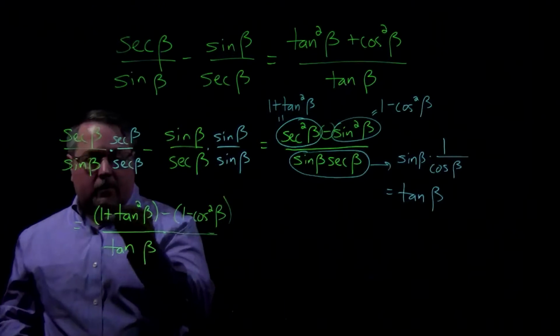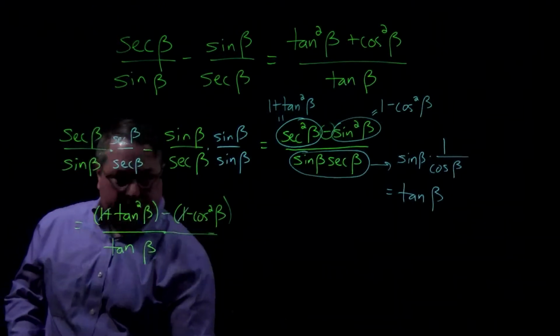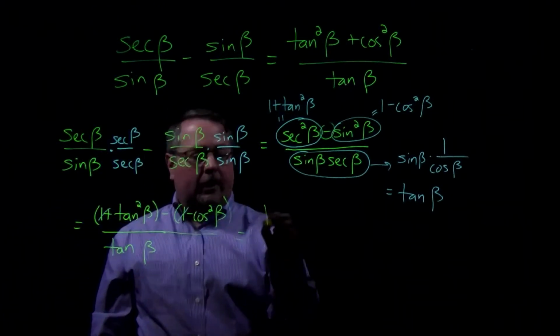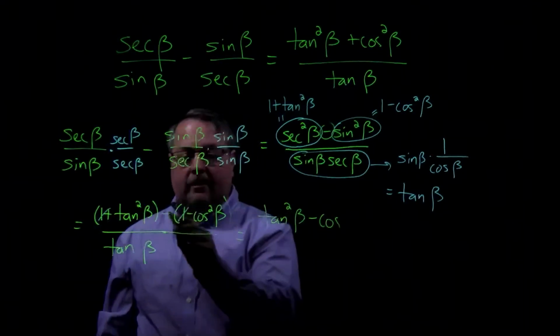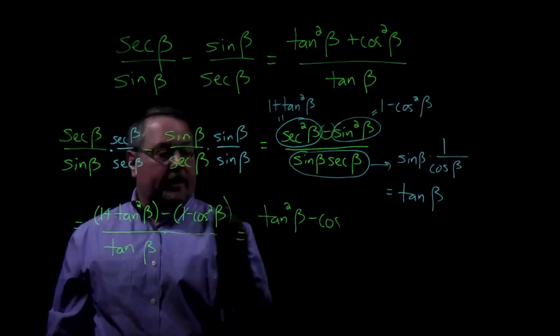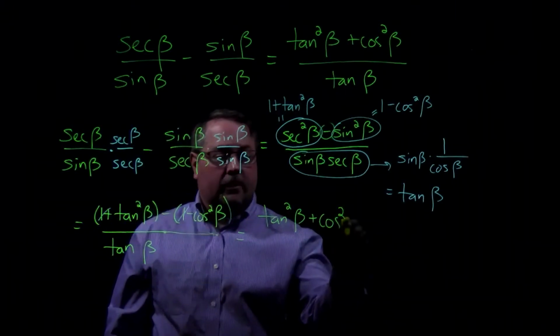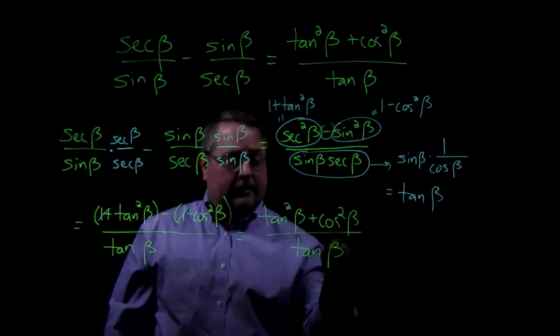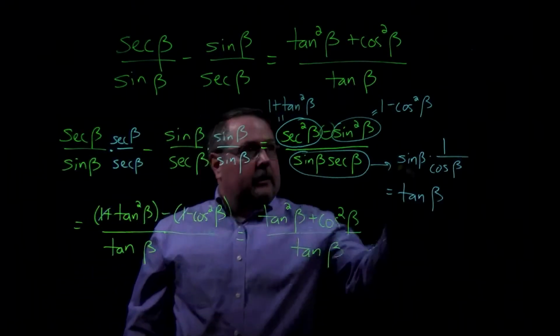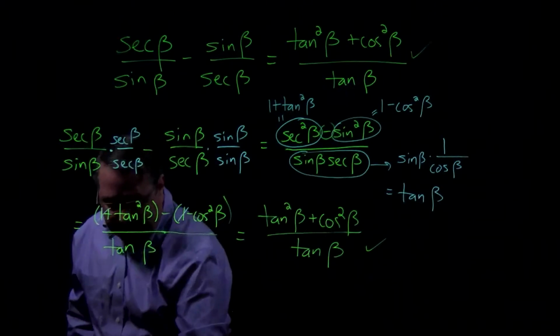So here we have 1 minus 1, that cancels. And we're left with tangent squared beta, and we carry the minus sign through, so minus a minus is plus cosine squared beta, over tangent beta. Okay, and that's exactly what we set out to prove.